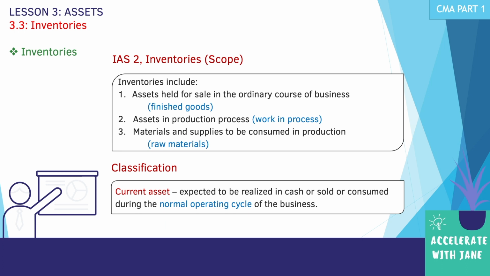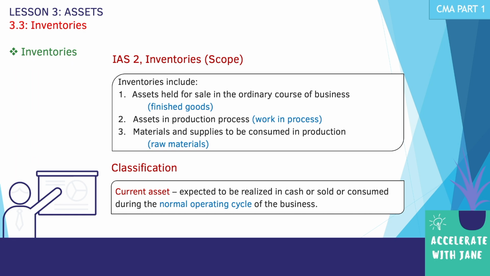When we say normal operating cycle, it is typically the period within which a business is expected to turn over its inventories, right? For instance, this is the period from the moment they buy the inventories to the period within which they expect to sell these inventories. So it is expected to be realized in cash, meaning the company sells it, or consumed.